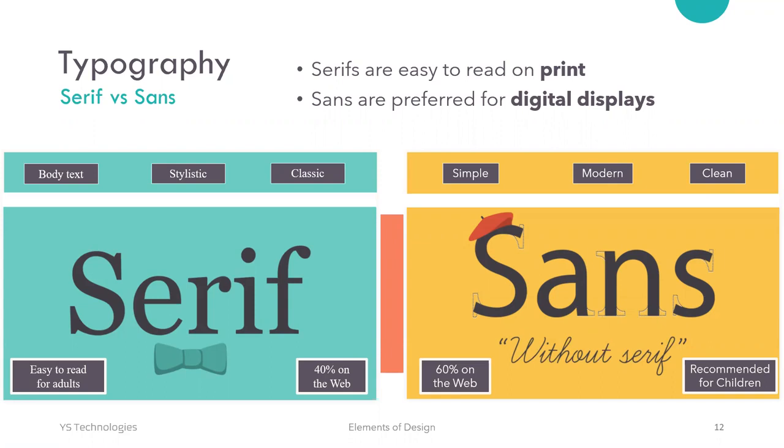For example, if you want to create a stylistic heading, if you want to give it a classic look, or if we are going to create templates or worksheets that are meant to be printed after being accessed online, then we will be using serif font for those things.